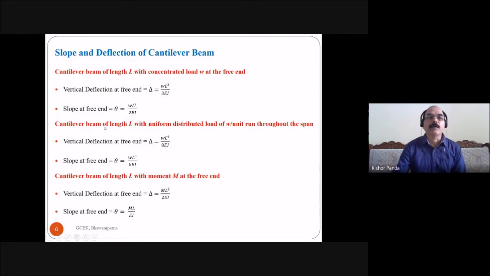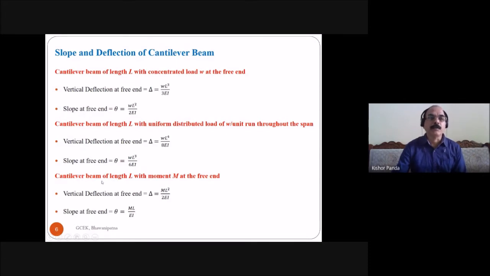Then a cantilever beam of length L with uniformly distributed load W per unit run throughout the span: the vertical deflection at the free end is WL to the fourth by 8EI and the slope at the free end, theta, is WL cubed by 6EI.